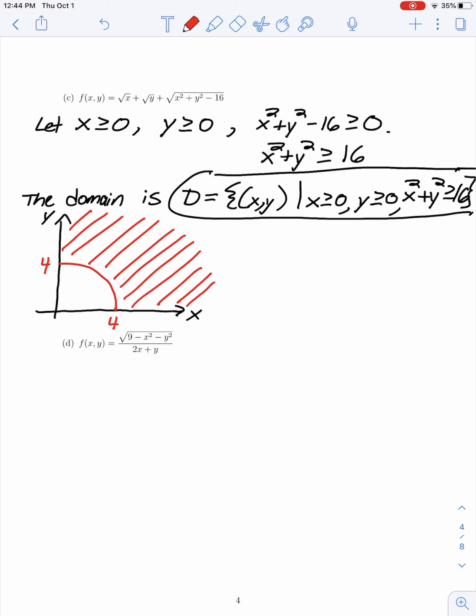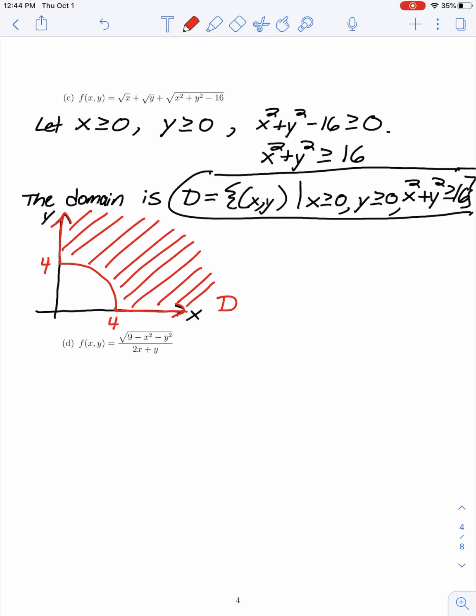So we're considering points that lie outside of that circle, still in the first quadrant, since x and y had to be non-negative. And since in our first two inequalities we did not have strict inequalities, that means that we could consider points on the x or y axis as long as the values of x and y were at least 4. And so this would be a sketch of our region D for the domain of this function.